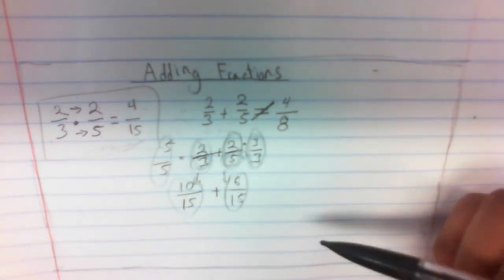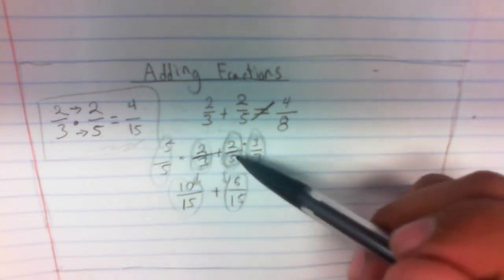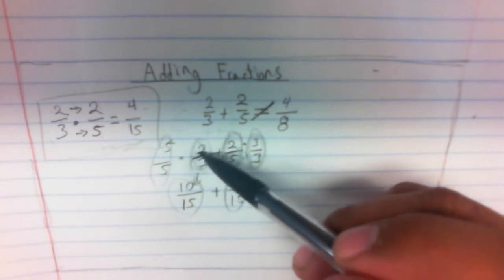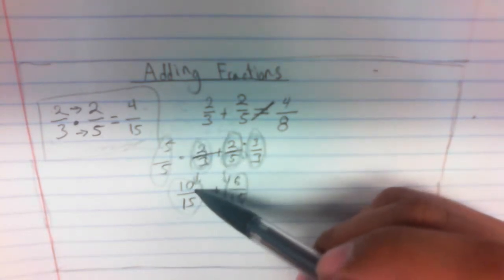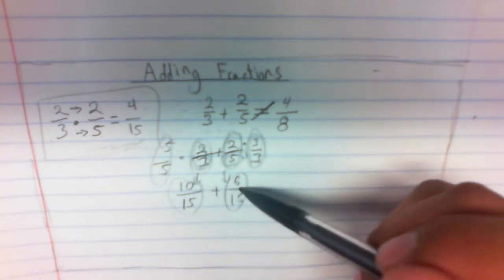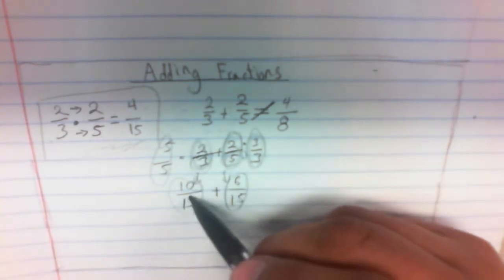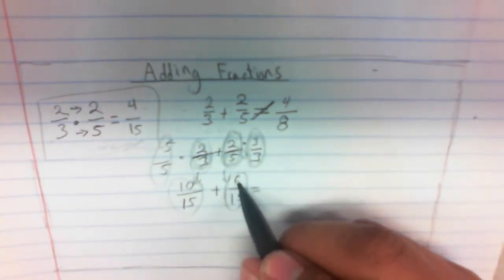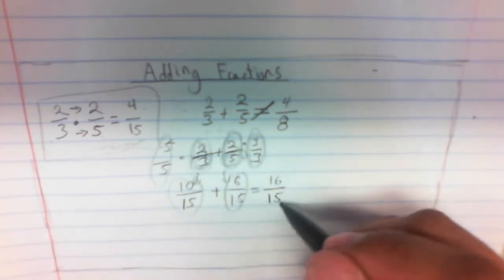So that's the reasoning behind why we multiply by the denominators of the opposite fraction. It's just so you can manipulate your first fraction into becoming a fraction that has the same denominator as the other one that you're adding. Because now that you have the same denominator, you can add across. So 10 plus 6, that's 16, and you keep the denominator of 15.